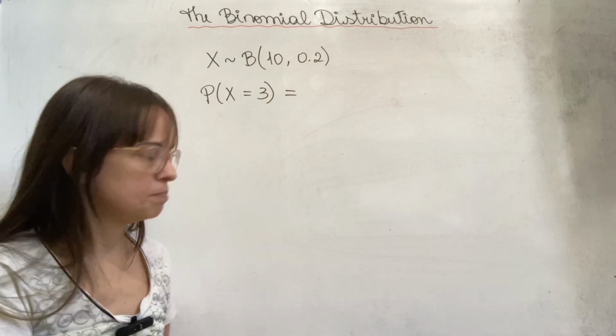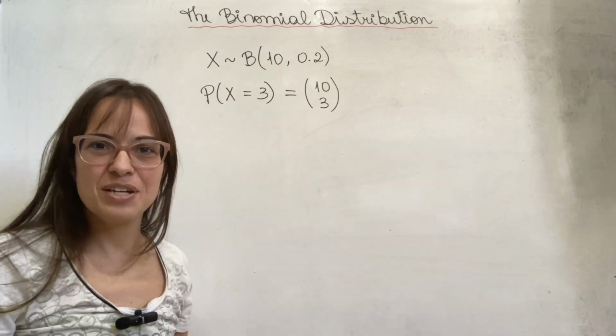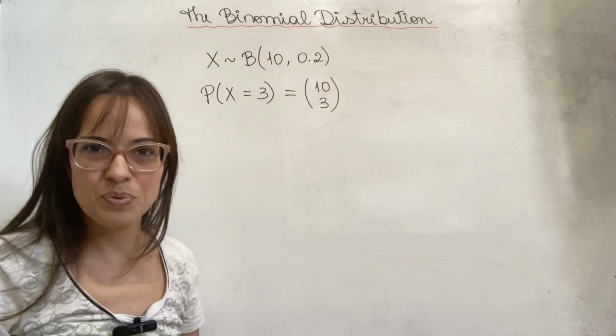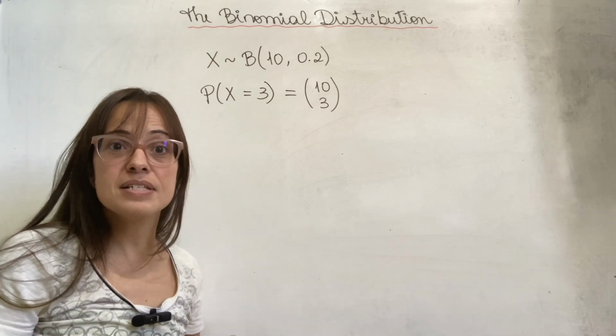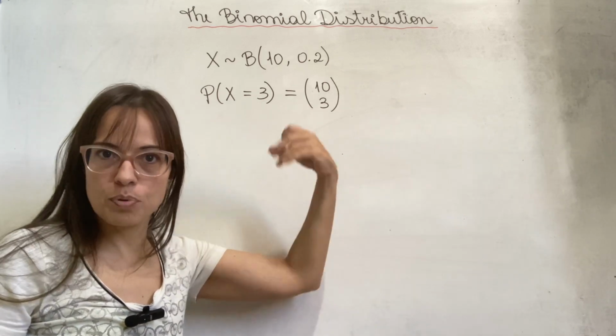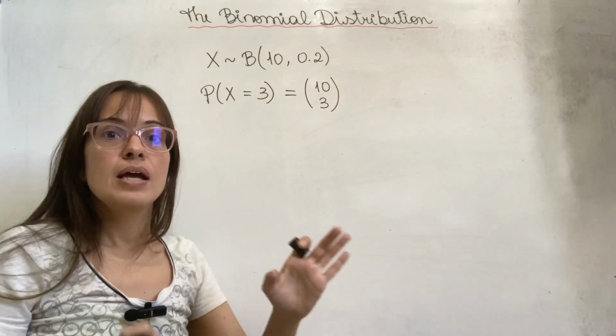10 choose 3. Of course, the probability can't be 10 choose 3, right? Because that's not a number between 0 and 1. But the thing is that I still need to multiply by the probability of that actually happening.